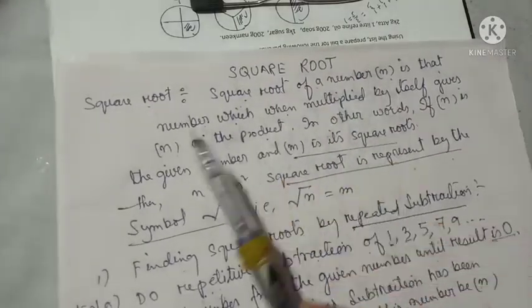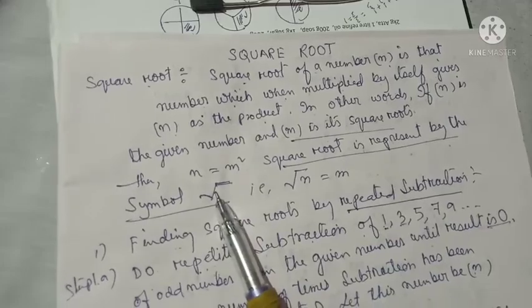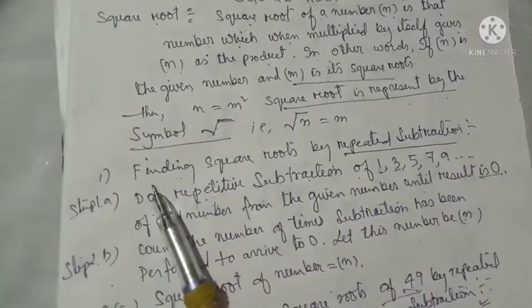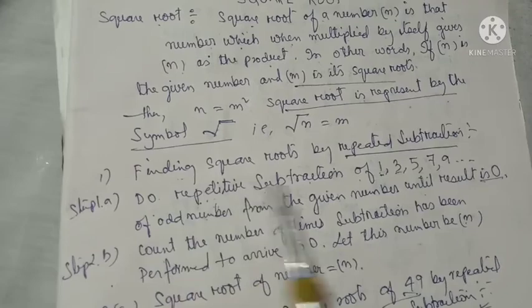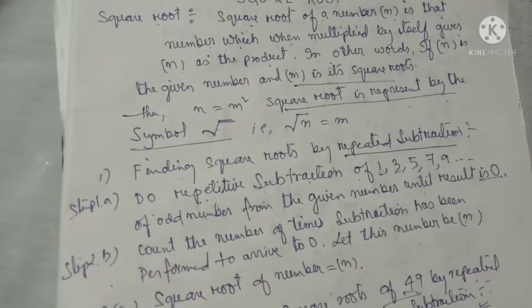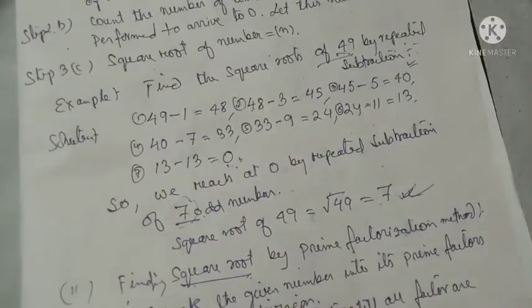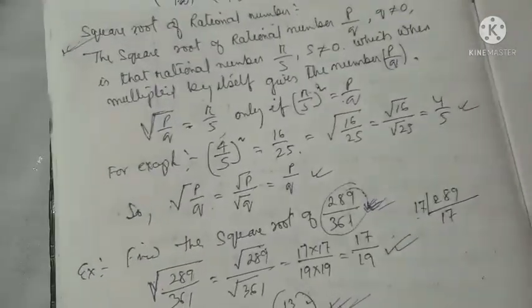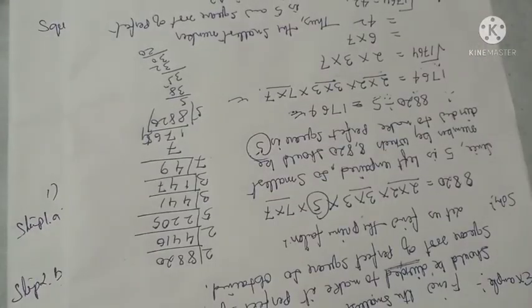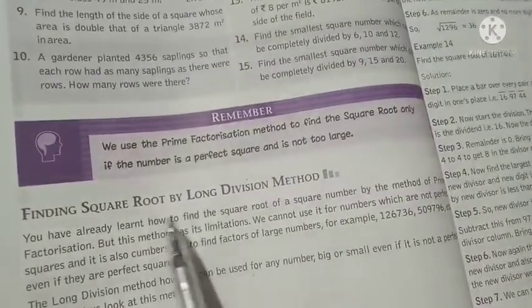So we have started the square root, and this is the symbol of the square root. There are methods to find the square root: by repeated subtraction, by prime factorization, the square root of rational numbers, and by the long division method.